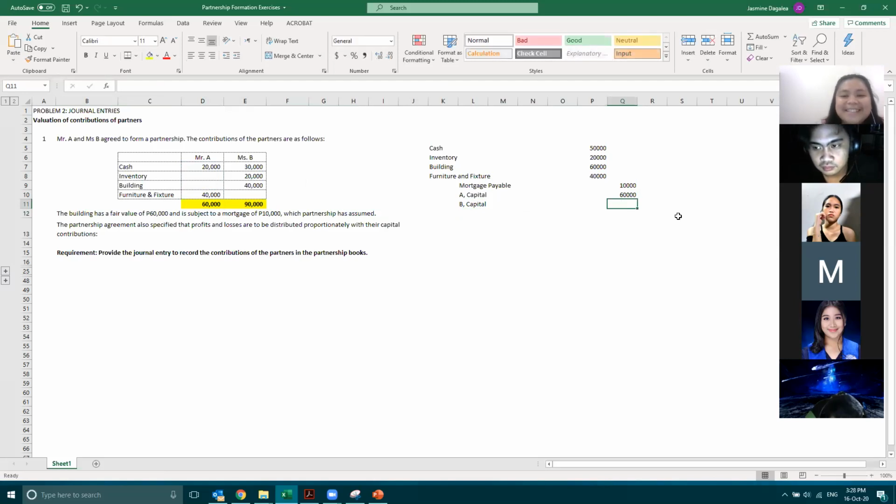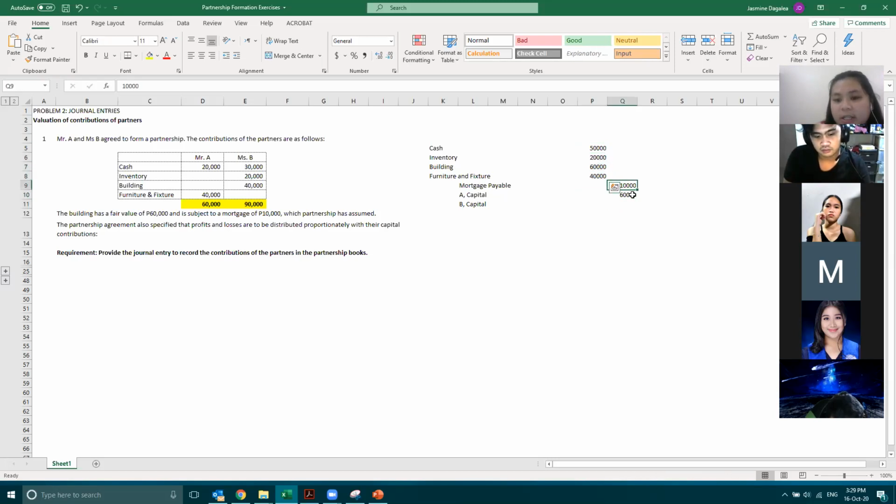Sure ba? Yan na naman kayo, sagot agad. Mali, di ba? Magkano yung total? Pag sinabi niyong 90,000, hindi balance yung equation nyo.